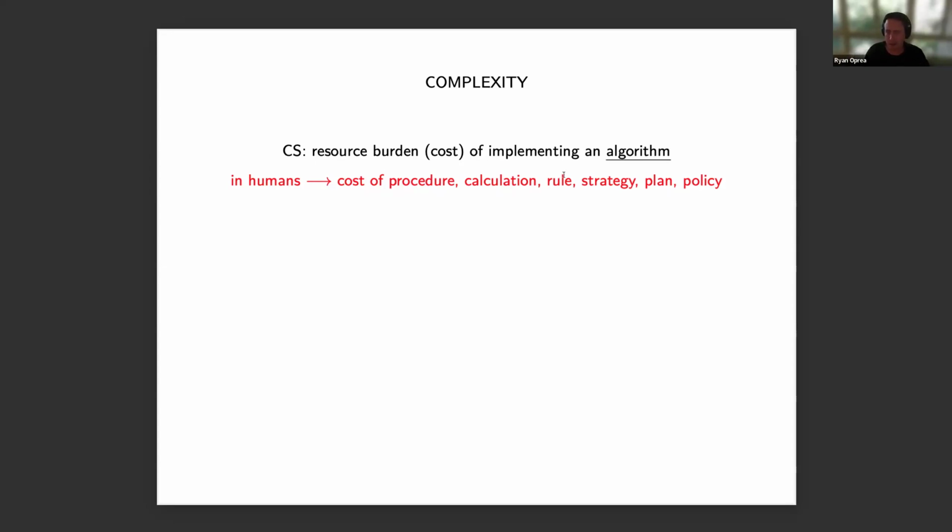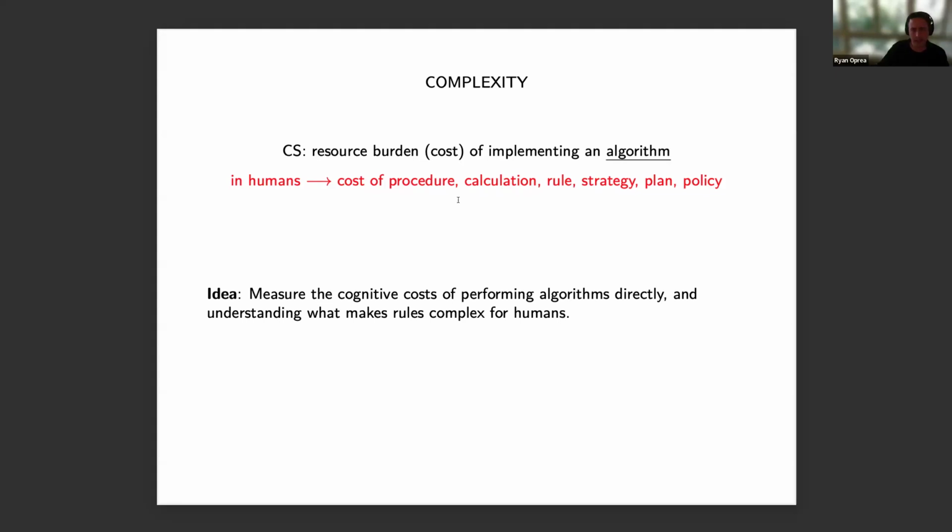In order to comply with policy, they have to follow a rule. In order to interact strategically, they have to choose a strategy. In order to think about the future and respond to the future, they have to implement plans, and so on and so forth. And you put these examples together and you realize that a lot of human decision making is formally or informally algorithmic.